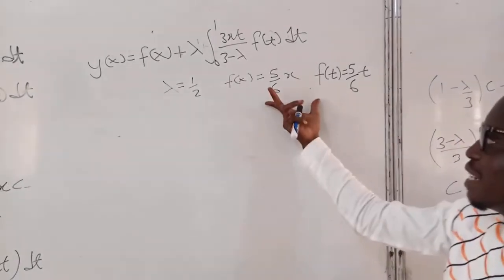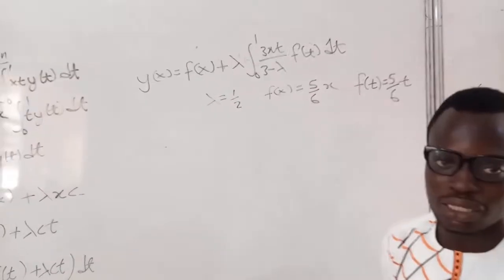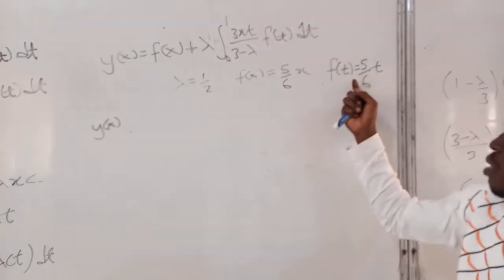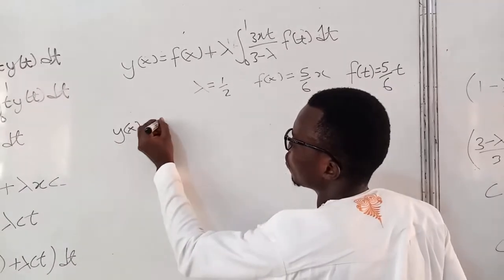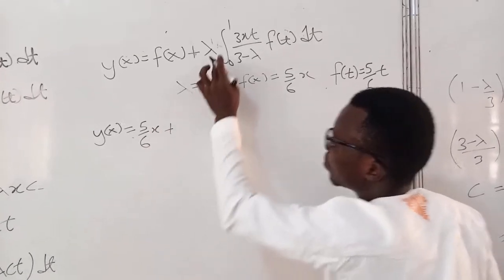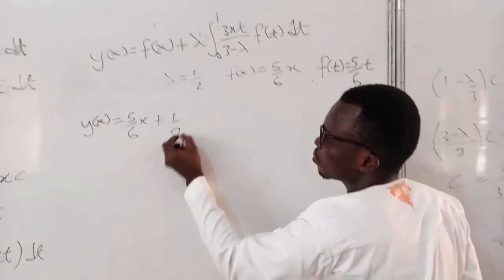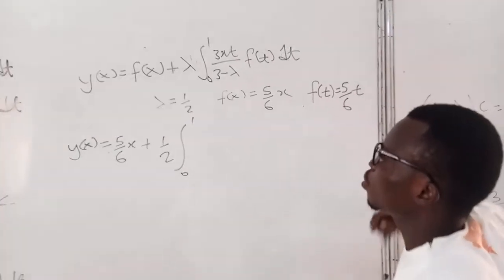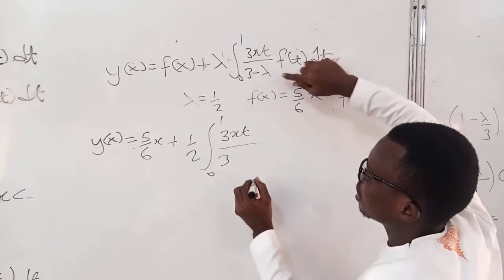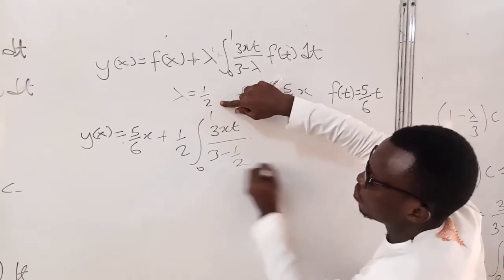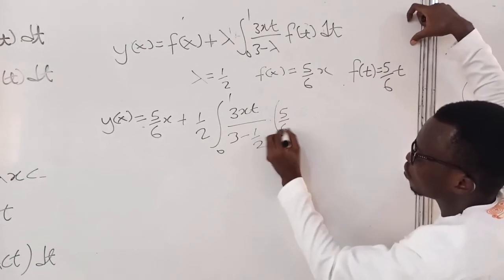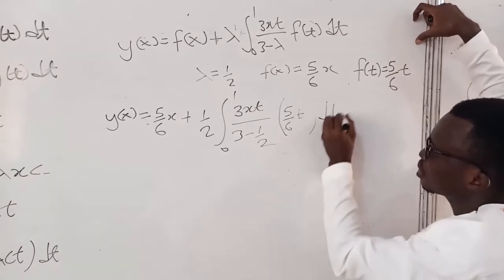Now let's substitute all this into the equation. y of s becomes the free term f of s, which is 5 over 6 s, plus lambda, which is half, integral from 0 to 1 of 3st divided by 3 minus lambda, lambda is half, so 3 minus half, then times f of t, which is 5 over 6 t, dt.